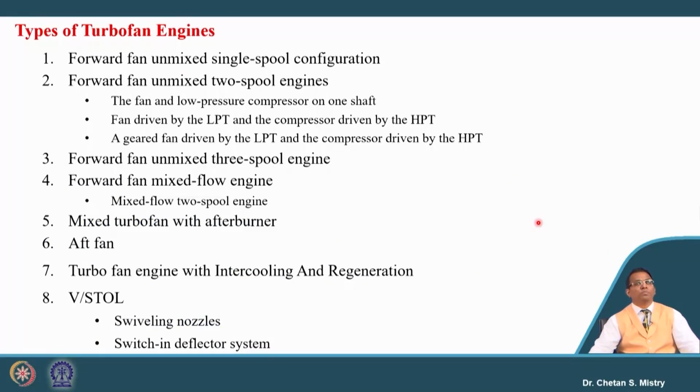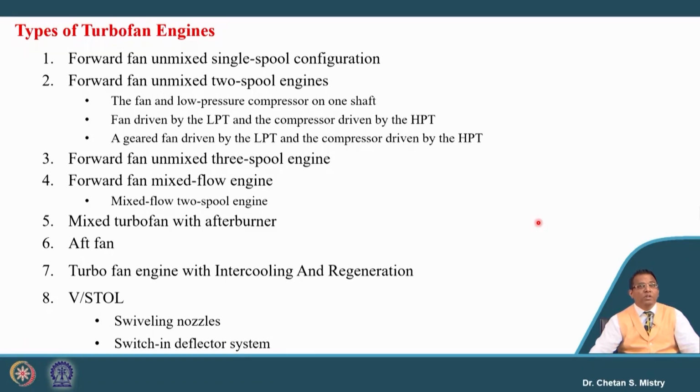Now, let us move towards the types of turbofan engine. We have seen the classification of the engine in the last lecture. Now, let us put this classification in another way.